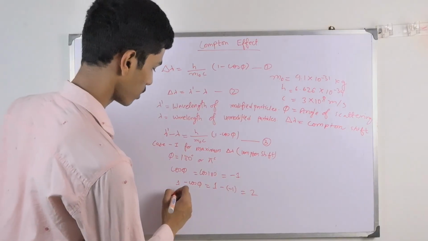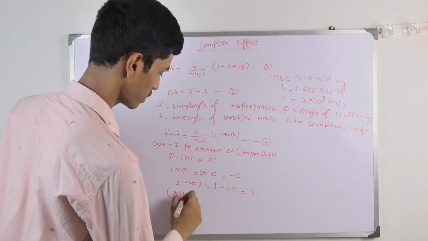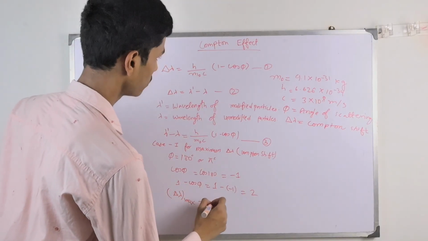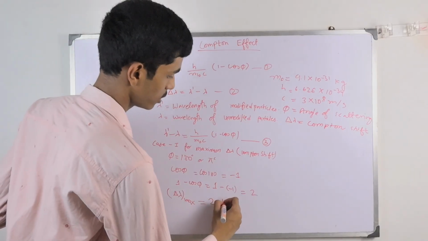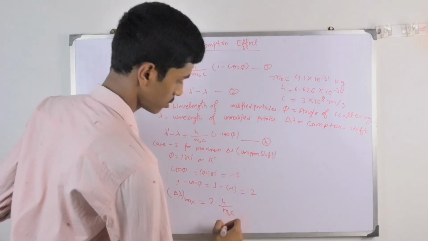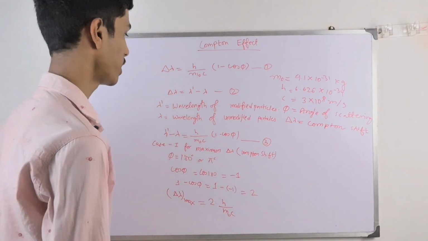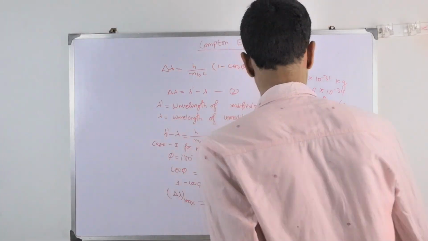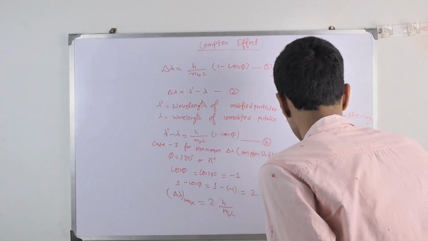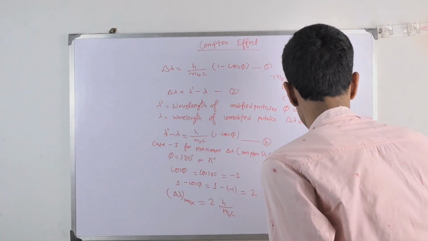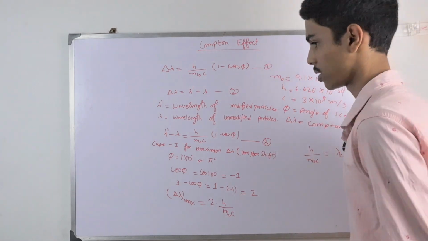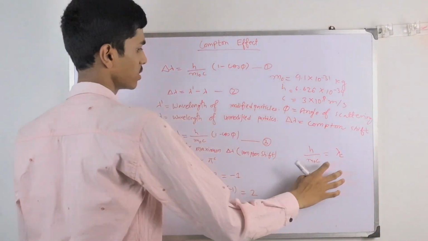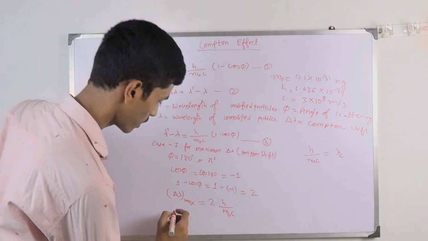So del lambda at the maximum will be twice of h by m naught c. We know that h by m naught c is also a constant, which we are assuming to be lambda c. So we can write what?